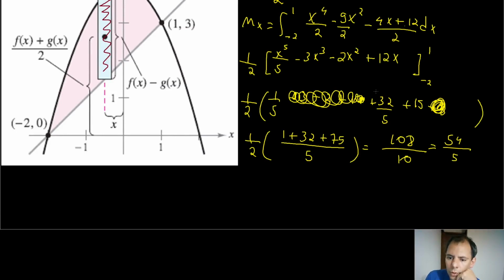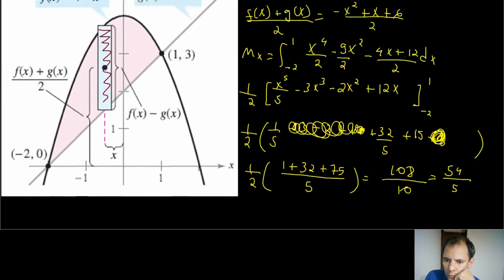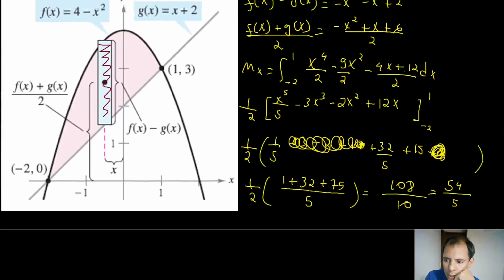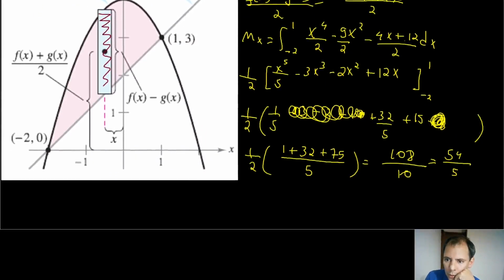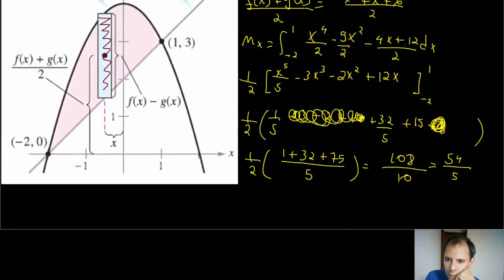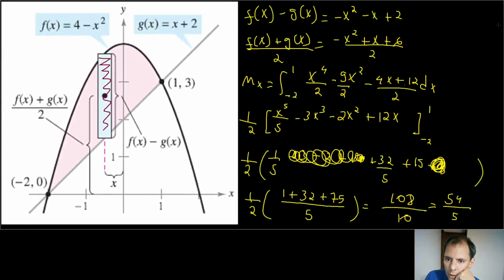Yeah, 54 over 5. This is mx. Okay, so let me try to get myself organized in here. I'm going to say that mx is equal to 54 over 5.